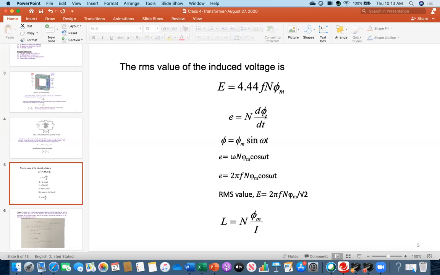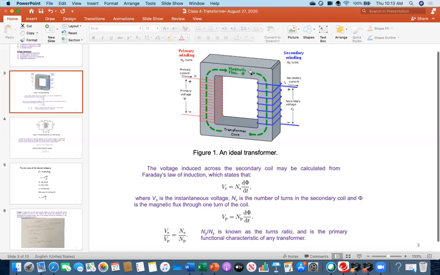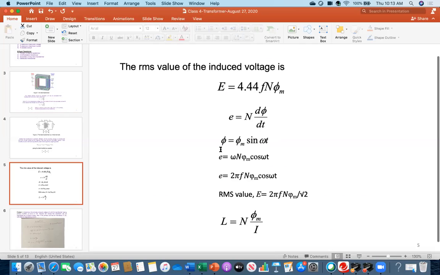And then I am assuming, as I was telling you, that this magnetic flux is sinusoidal. So that's why I am assuming that phi is phi m sine of omega t, because that is varying with respect to time. So this phi m is the magnitude. Therefore, see the next line.